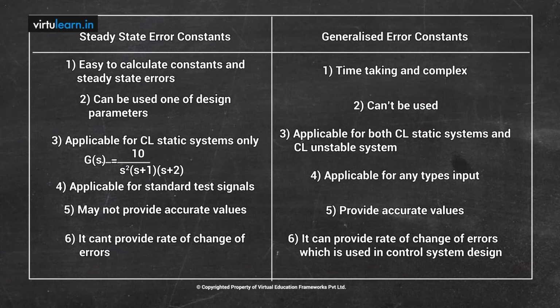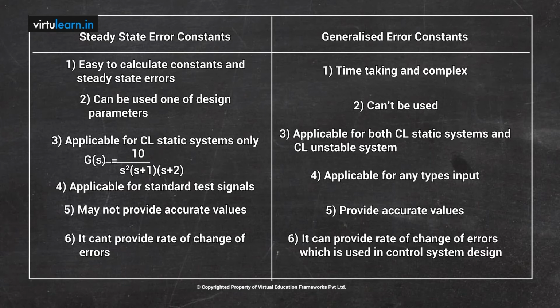You will find this is an absolutely unstable system, but you can still find Kp, Kv, Ka, all the error constants, and you can state the error. Calculation-wise you may get some result, but practically it is an unstable system. Your system will oscillate continuously, and those oscillations increase as time tends to infinity.